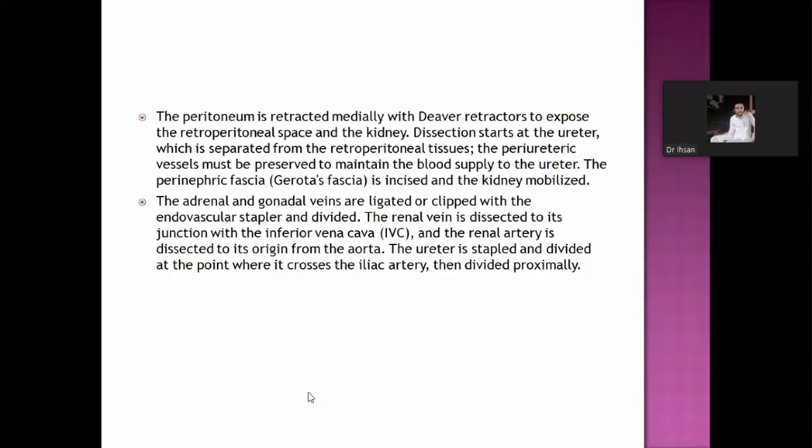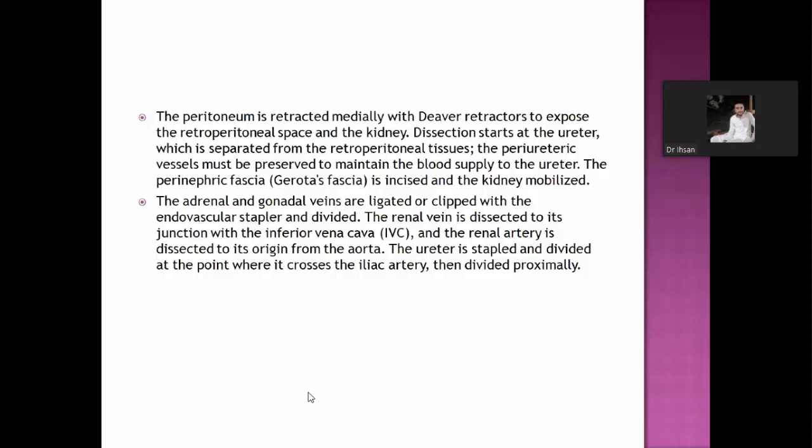Dissection starts at the ureter, which is separated from retroperitoneal tissues. The periureteric vessels must be preserved to maintain the blood supply to the ureter. The perinephric fascia is incised and the kidney is mobilized.